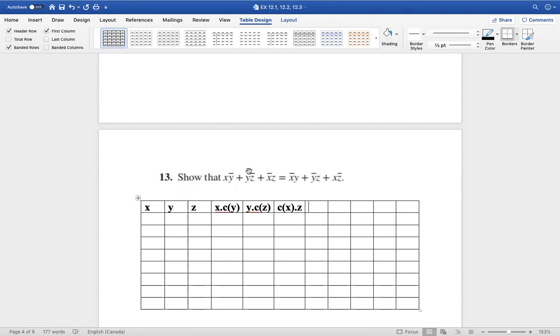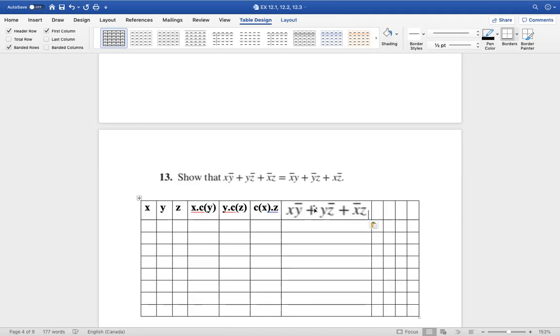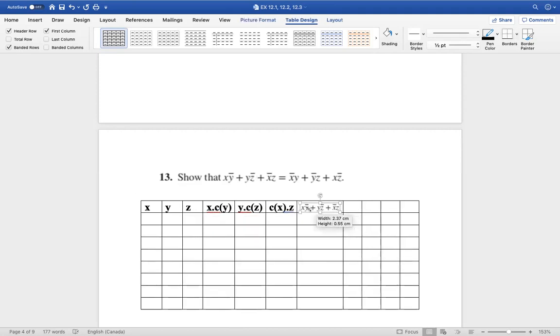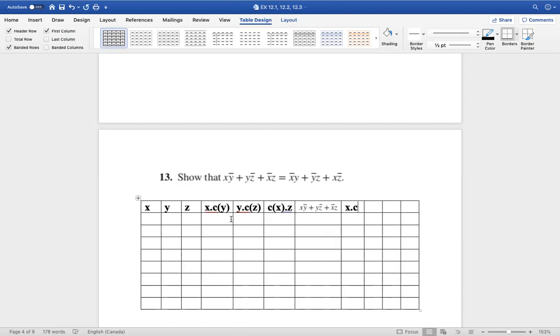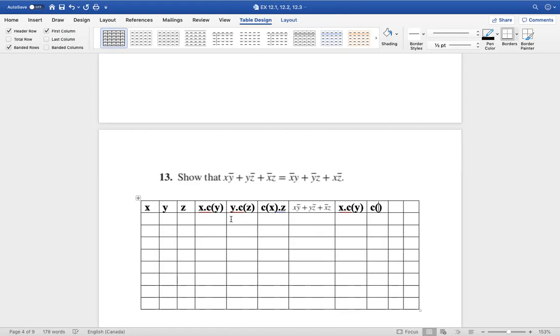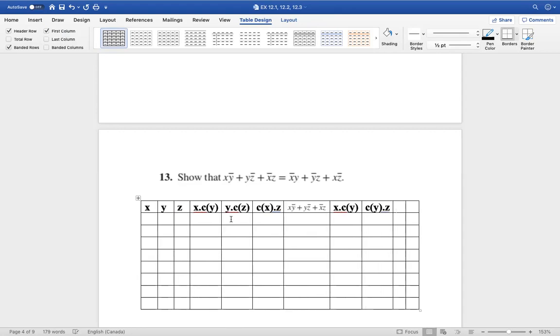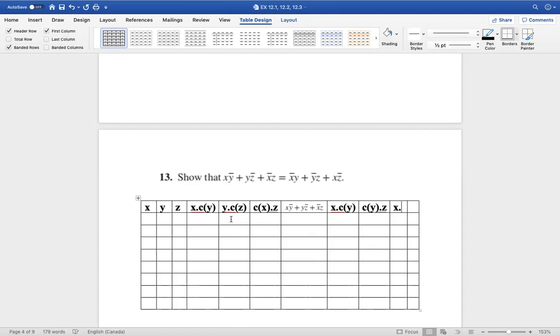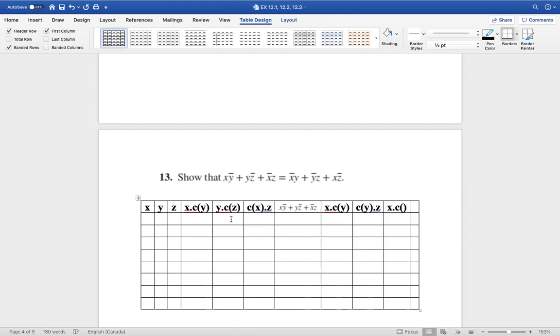Maybe I can copy paste this here. All right, let's resize this. Okay. Then we have x complement y, then we have y complement z, then we have x z complement. X dot complement z.